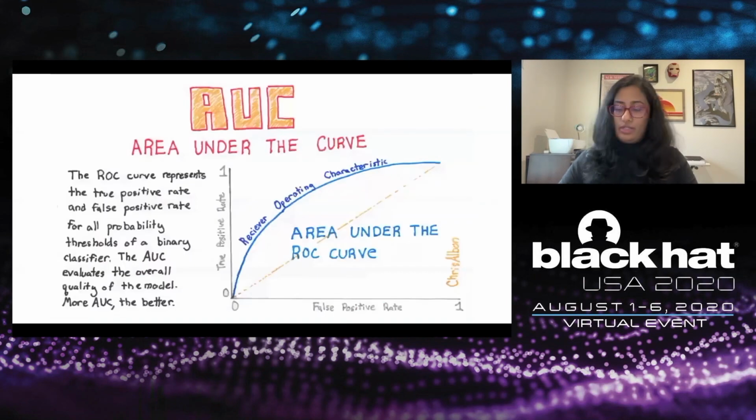The next one is area under the curve. This is an important metric for any classification problem. The ROC curve represents the true positive rate and false positive rate for all probability thresholds of a binary classifier, right? The AUC evaluates the overall quality of the model. So the more the area under the curve, the better, right?